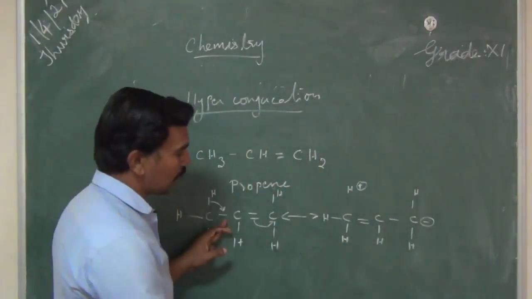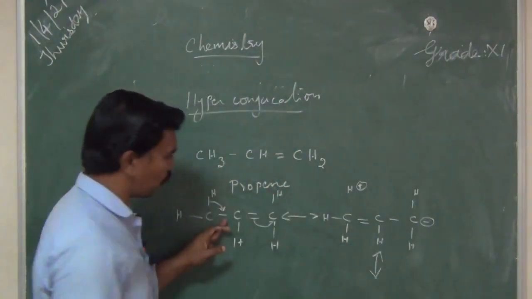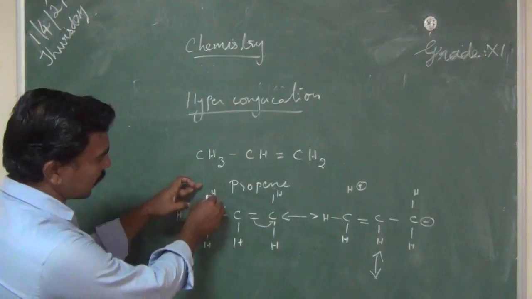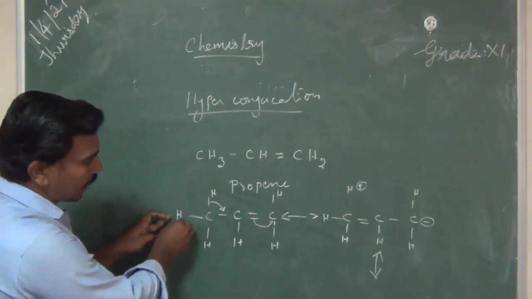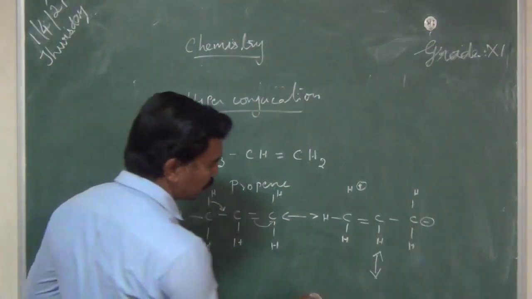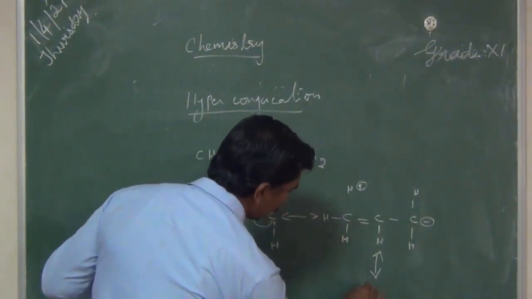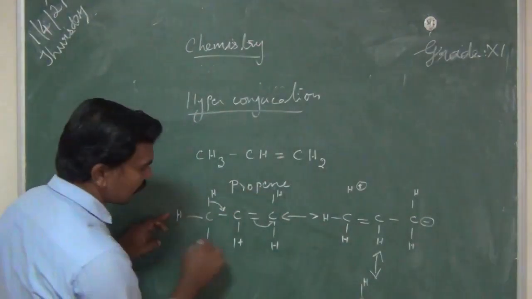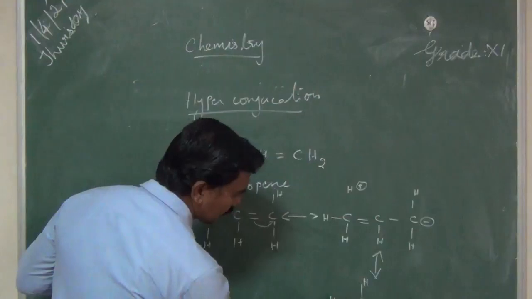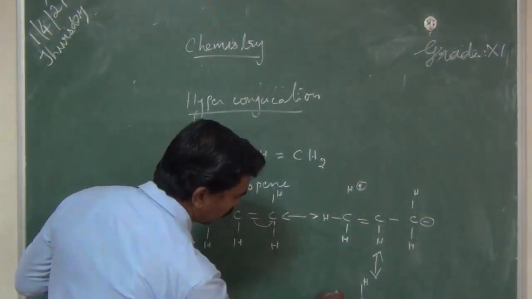Minus charge. Then the next delocalization is the same thing. First this hydrogen is displaced, then second, this hydrogen is displaced. So carbon, hydrogen, this hydrogen is here only, but it is not connecting the bond.